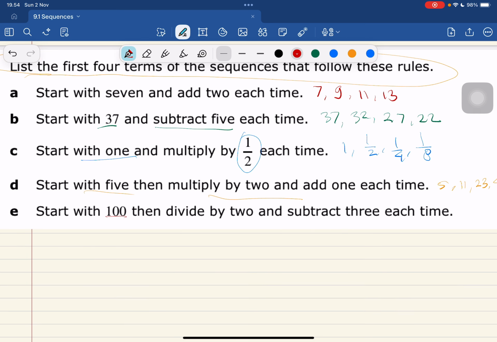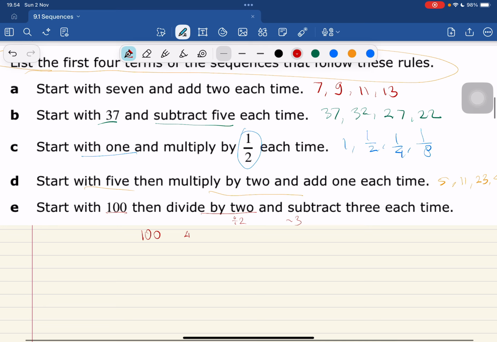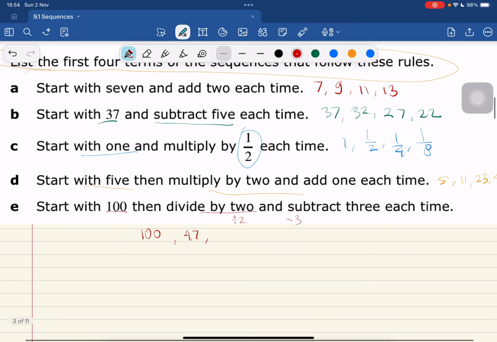Next, start with 100, then divide by 2 and subtract 3. Divide by 2 is 50, and then minus 3 is 47. 47 divided by 2 and minus 3 is 20.5. 20.5 divided by 2 and minus 3 is 7.25.